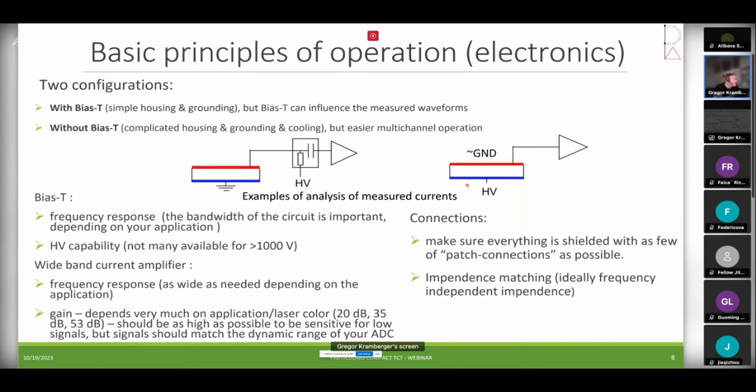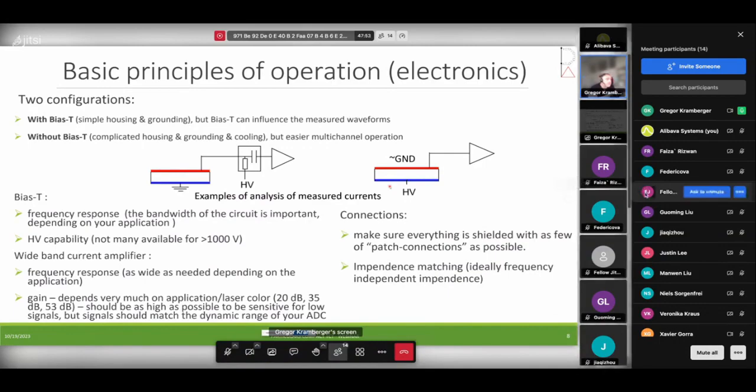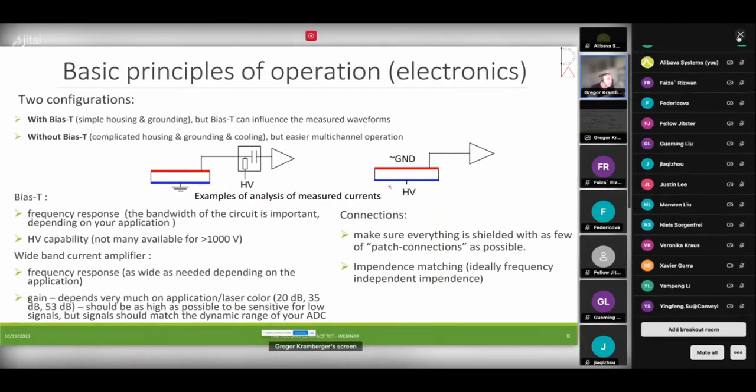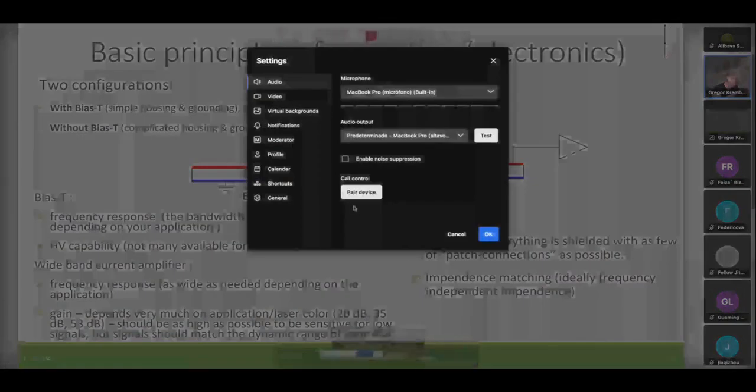The amplifiers can be of different amplification, depending on what you want to do and what your digitizer or digital oscilloscope looks like. It can go from 20 decibel to 53 decibel. What you should pay attention to in connecting all these things is that everything is shielded with as few patch connections as possible, and that you have very good impedance matching so that you don't get reflections distorting your signals.